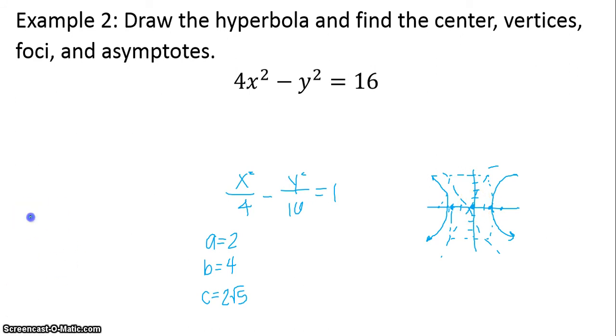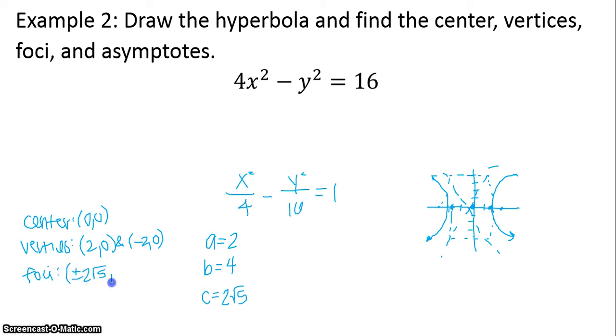For points, my center is at 0, 0. My vertices are at, so I'll go left and right of my center, at 2, 0 and -2, 0. My foci are at plus or minus 2 radical 5, 0.